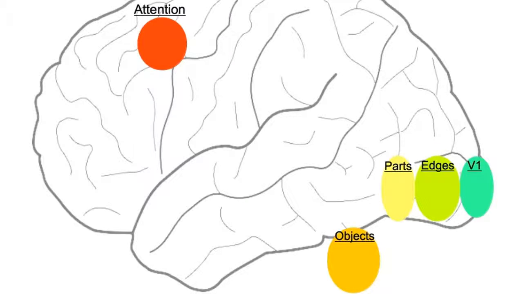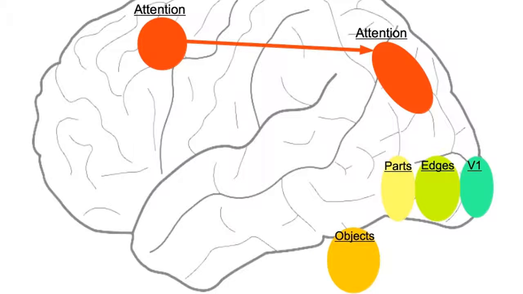This area controls the location and width of visual attention. The visual attention signal passes through this brain region and then influences low-level visual areas. As a result, in high-level visual areas, only the representation of the attended object is strongly activated.